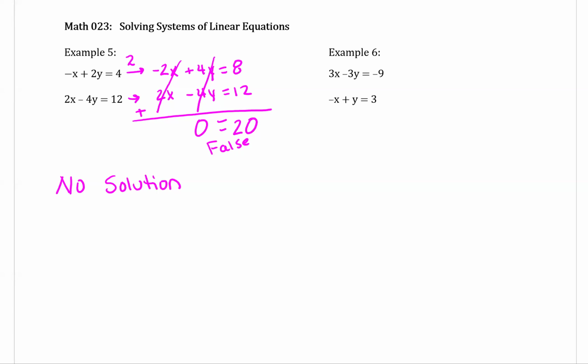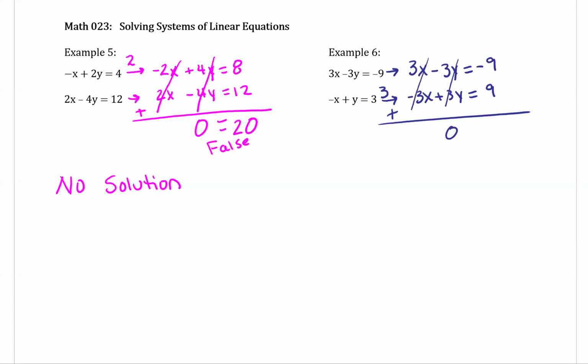And example 6, I'm going to multiply the second equation by 3. When I add the two equations, the x's are eliminated, the y's are eliminated, so I have 0 is equal to -9 plus 9, which is 0.